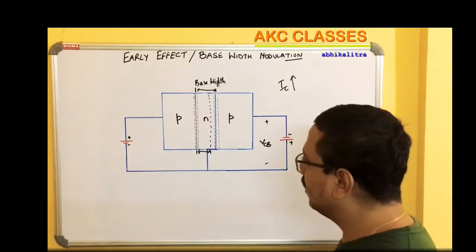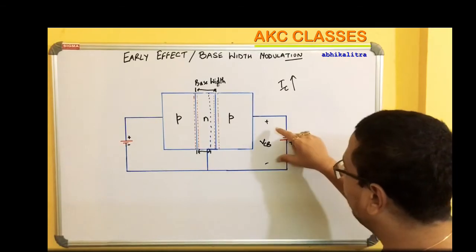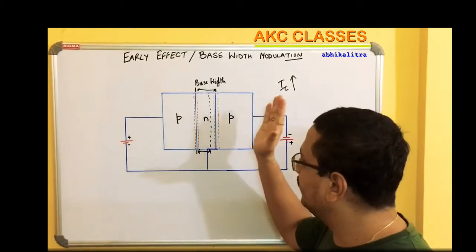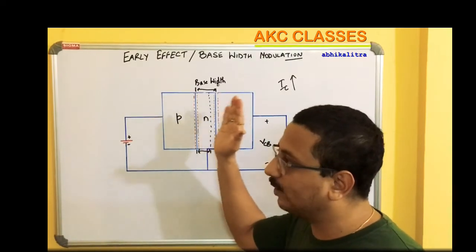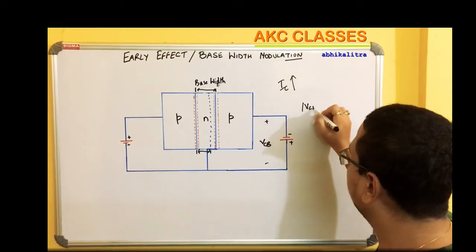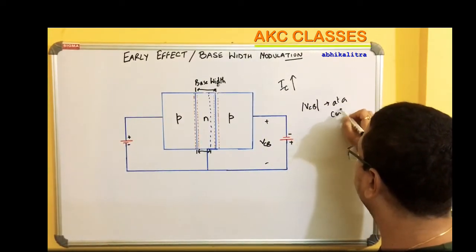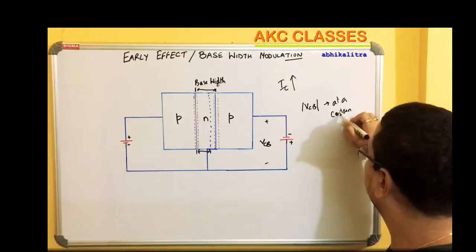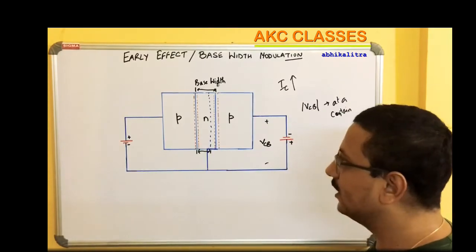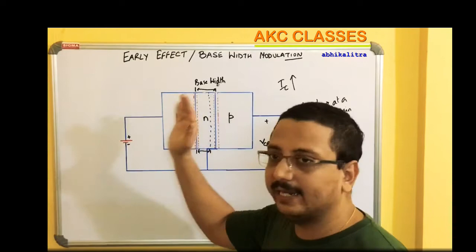So what is the third consequence that happens? The third consequence is that if we keep on increasing the VCB in this manner, then the depletion region will get more into the base region, right? So at a certain VCB, this reverse bias voltage will take the entire base section.